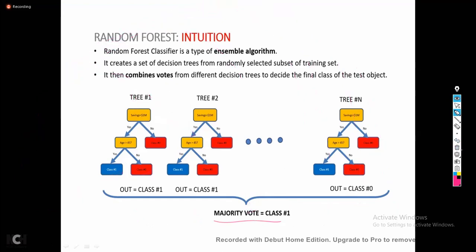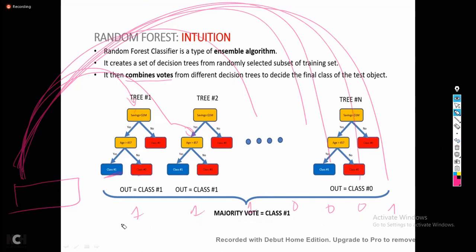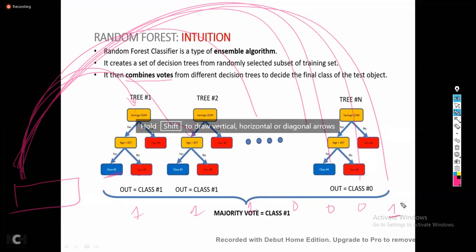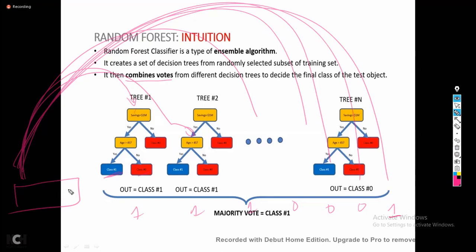First decision tree gave 1, second 1, third 1, fourth 0, fifth 0, sixth 0, seventh 1. Out of 7, which has more ones and how many are zeros? 1 is classified by more decision trees. So for this new data, I'm going to predict the answer as 1.